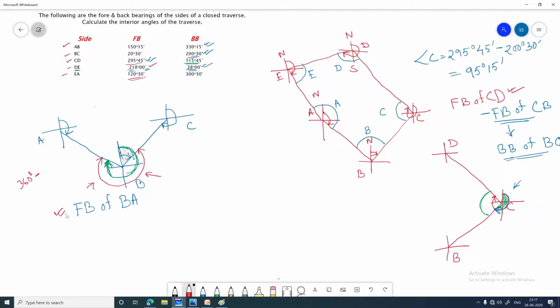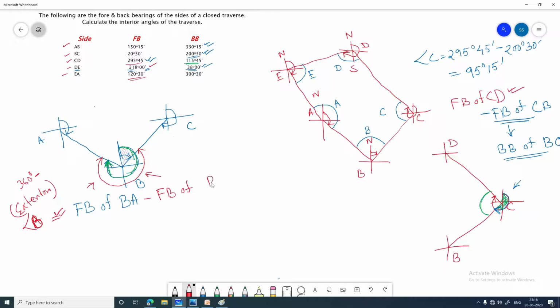So if you subtract the forebearing of BC from the forebearing of BA, we get the angle B, but this is exterior, not interior.